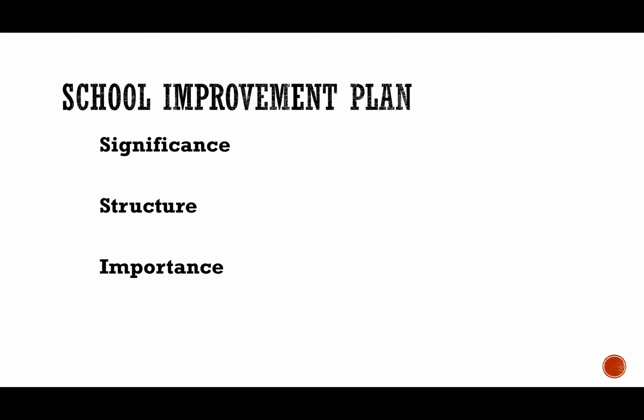Three things related to the school improvement plan which should be well explained when we talk about our strategy. Number one, the significance. What is the significance of the SIP?